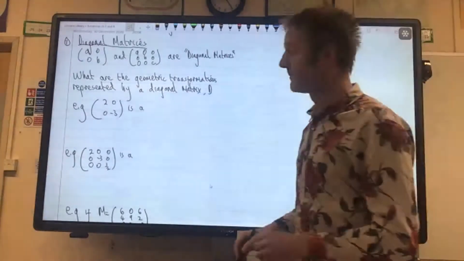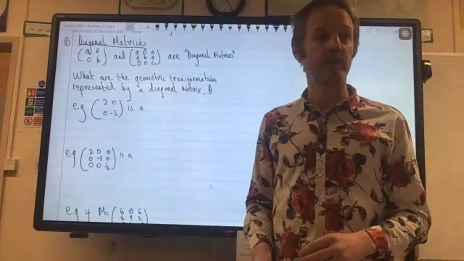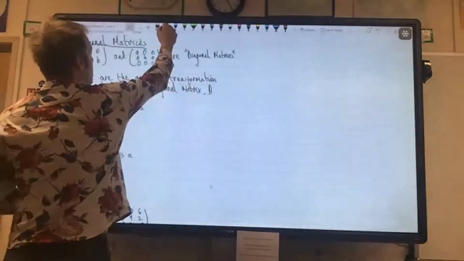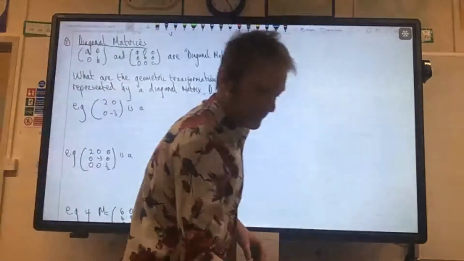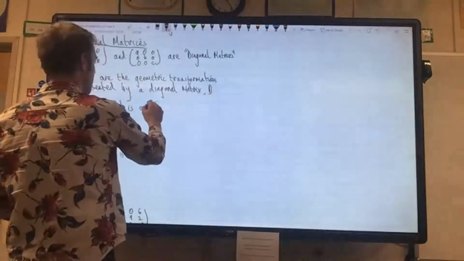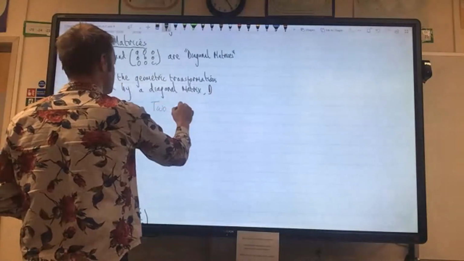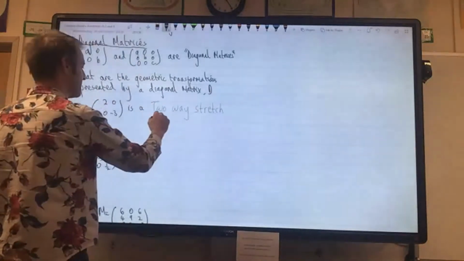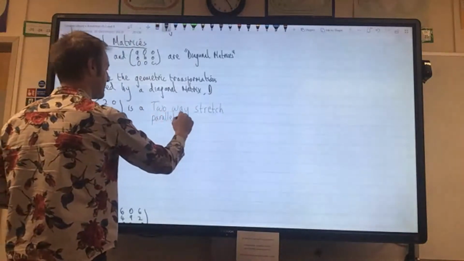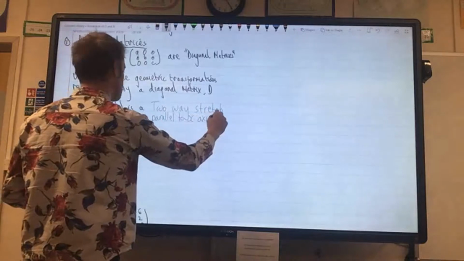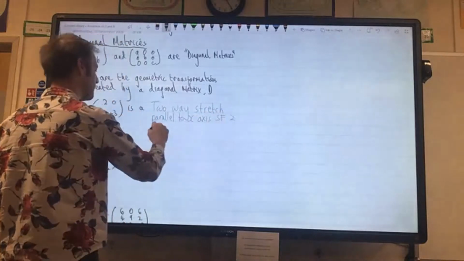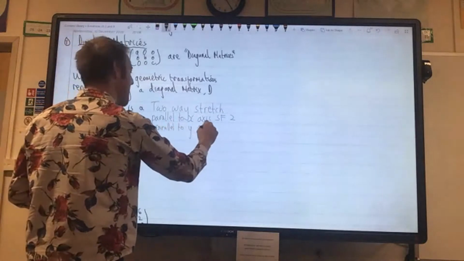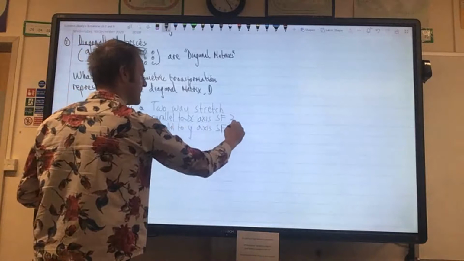Isn't it a stretch in the x direction by a factor of 2 and a stretch in the y direction by a factor of -3? Good, exactly right. So we call that a two-way stretch: parallel to the x-axis, scale factor 2, parallel to y, scale factor -3.